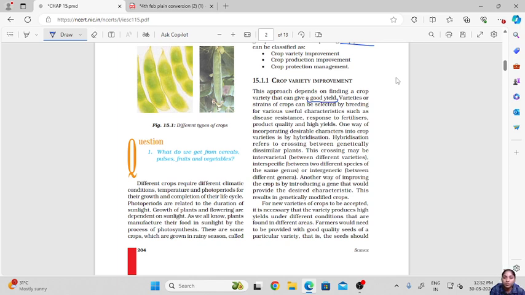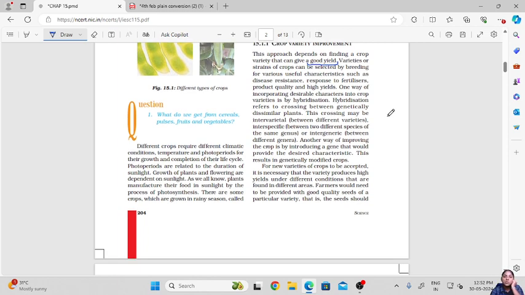So this should have disease resistance. Okay, if certain varieties of seeds have good disease resistance, then they respond better to the fertilizers, and also the product quality, or they have higher yield, then these seeds are mostly selected. So one of the ways of incorporating these desirable characters into crop varieties is by hybridization.